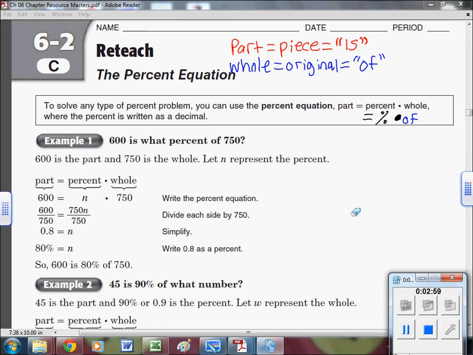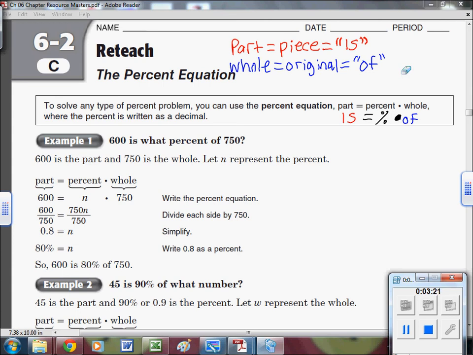One of them will be missing though. Your job in every one of these questions is they're going to ask you for the is number, or the percent number, or the of number, or the whole number. So know that these words mean the same thing. That's why I listed them up here. They're kind of synonyms for you.